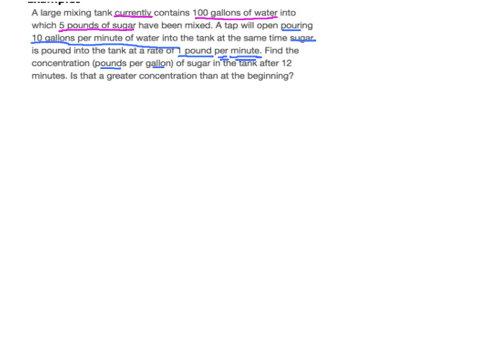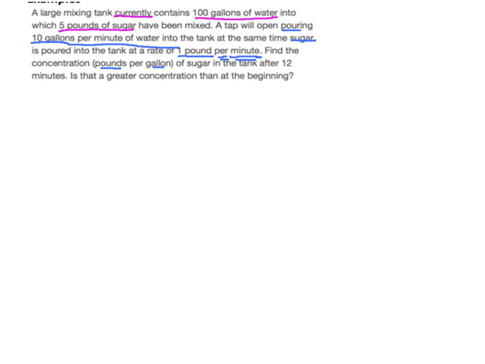So here's what we know. Before we ever open the tap, there's already 100 gallons of water and 5 pounds of sugar in there. My water comes in at 10 gallons per minute when I open the tap. And my sugar comes in at 1 pound per minute when I open the tap.